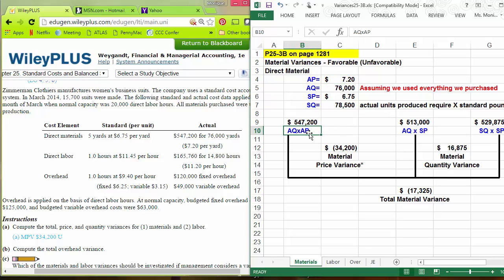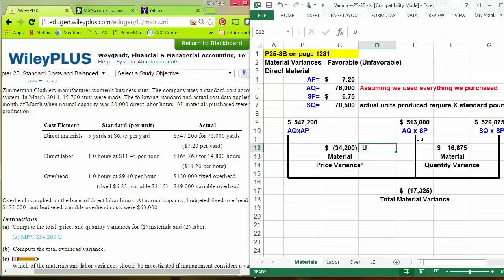So you'll notice here, actual quantity times the actual price is larger than what you were expecting at the standard price. So in this scenario, because the actual costs are more, you have an unfavorable variance. And I don't like using negative and positive because depending upon how you set up your formula, it may confuse you. Just think about what you actually paid is more than what you were expecting.